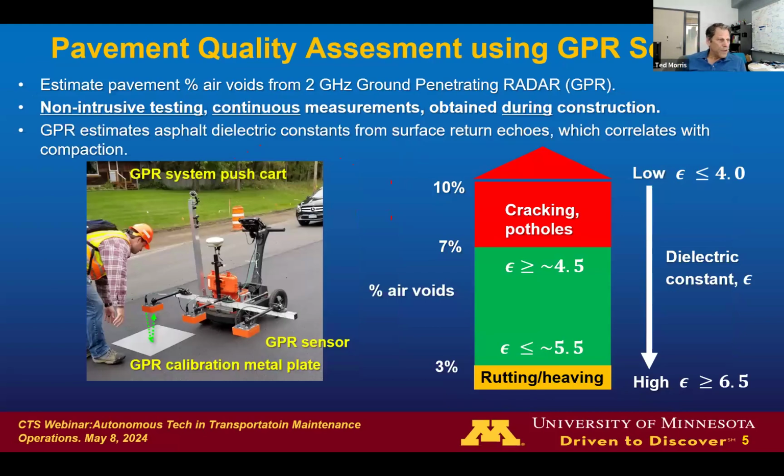So the issue then becomes, if there's a way that this can be measured, and it can be measured during construction, then this data informs the contractors working on the roads to maybe do some other measures to correct and mitigate any problems.